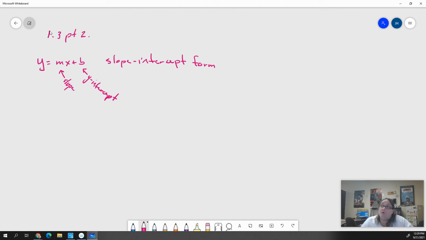The other thing we talked about was, well, how do we find a slope given 2 points? And if you remember, if we had 2 points, x1, y1, and x2, y2, we could find the slope with the formula m equals y2 minus y1 over x2 minus x1.